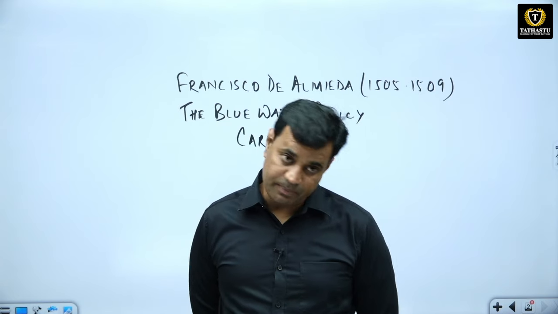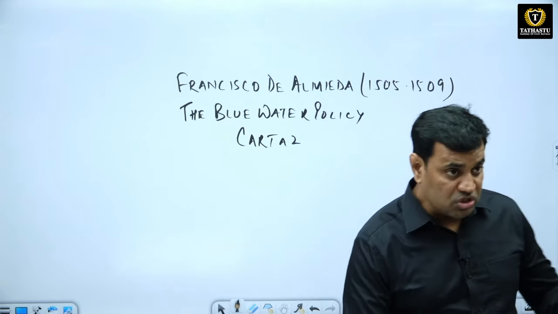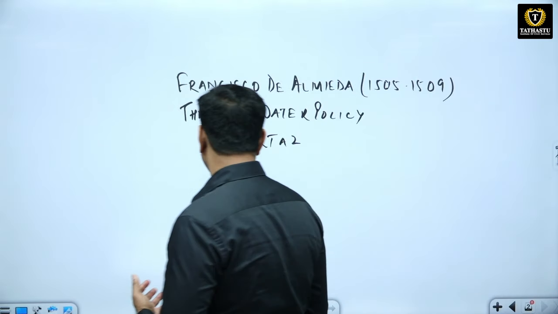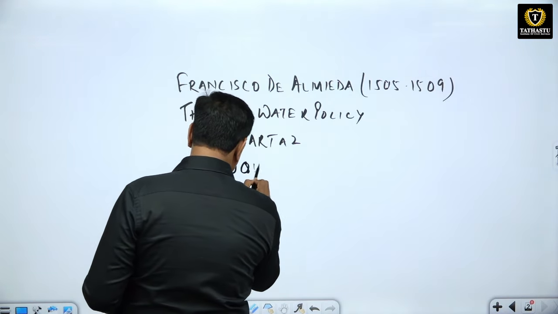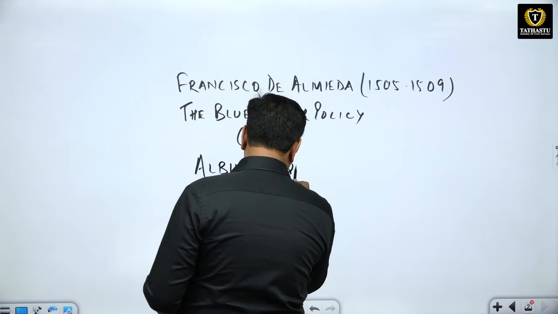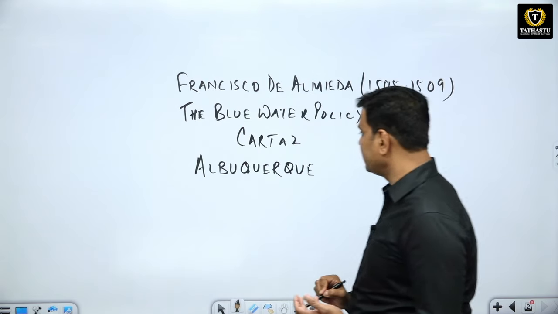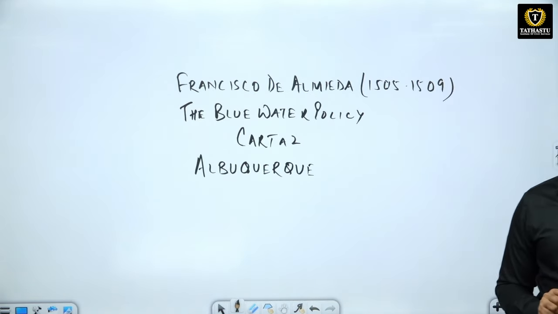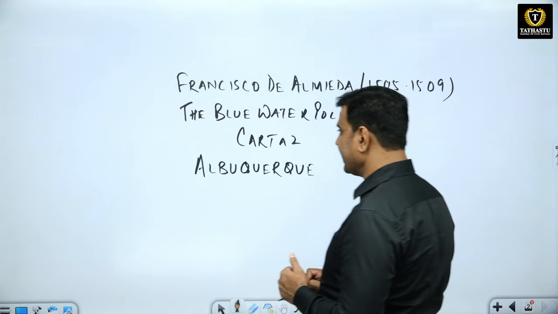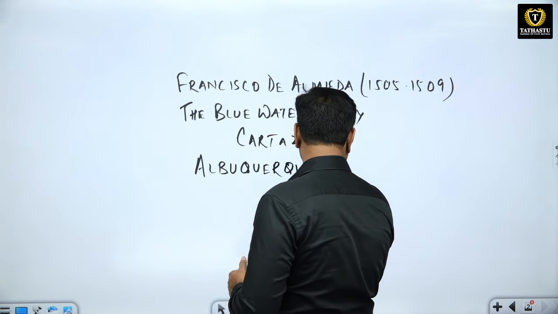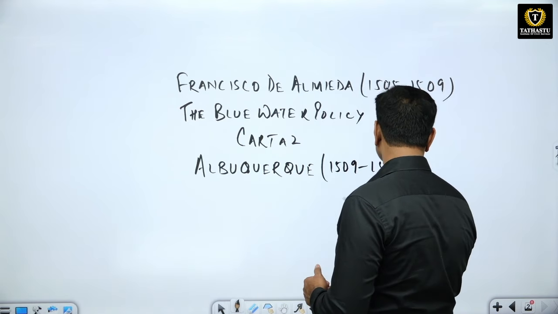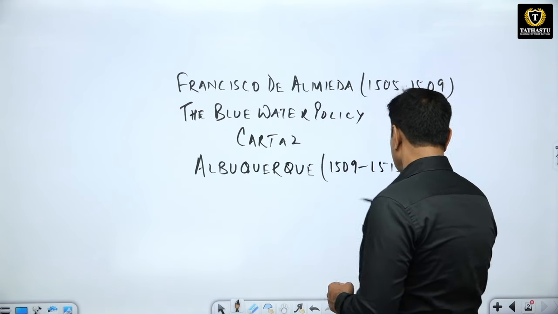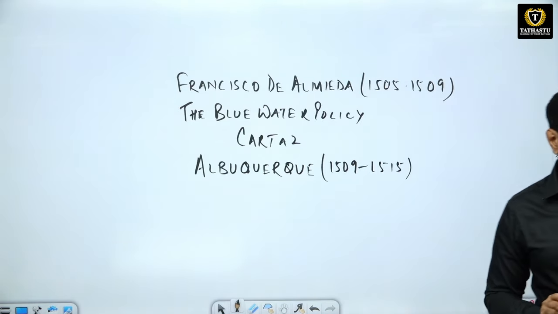Clear? Now next paragraph. The most popular Portuguese governor was Albuquerque.